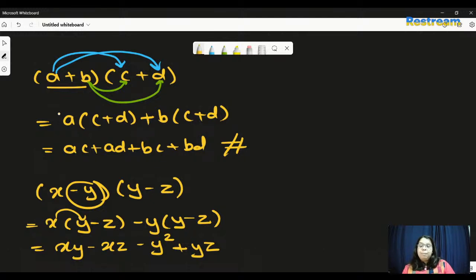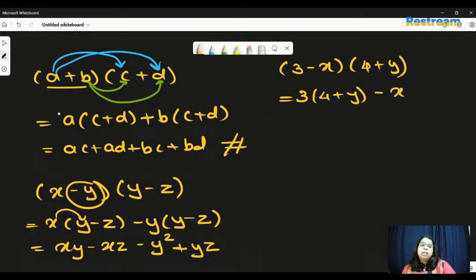Now what will happen if there are numbers in this bracket? So let's say I have 3 minus x into 4 plus y. Okay, so I will take 3 into bracket 4 plus y minus x into bracket 4 plus y.